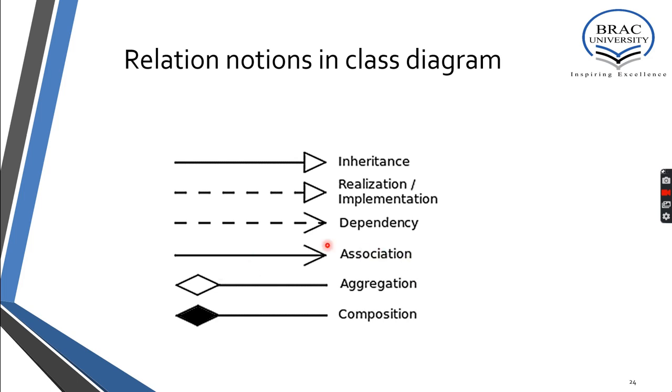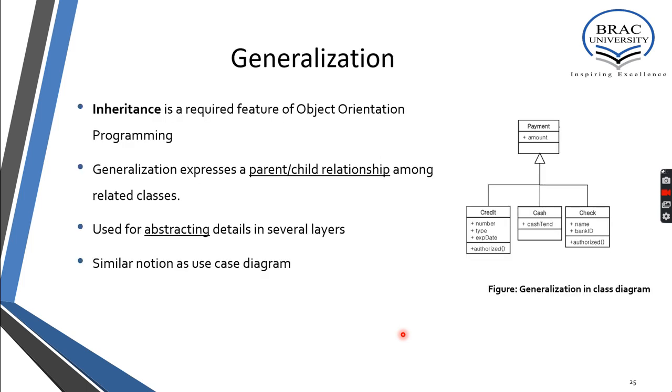So this sort of relation can be drawn here. Then from association, we have two types of association, aggregation and composition. Aggregation and composition will be described in detail in the next slide.